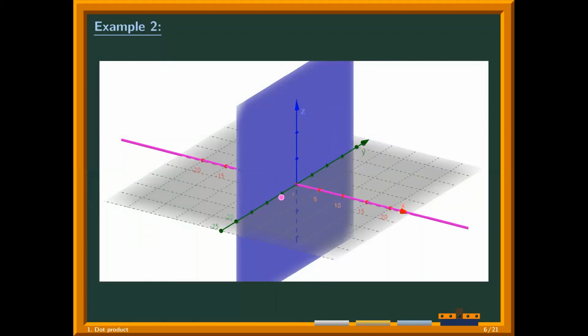So this is our set S in this example, and we computed that S perp is the set of all vectors with 0 y and z components. So that is this line. So this line is the orthogonal complement of the YZ plane. And conversely, the YZ plane is the orthogonal complement of the x-axis.